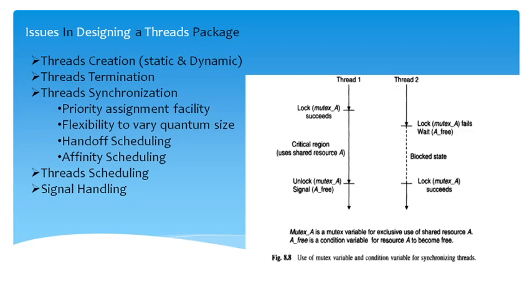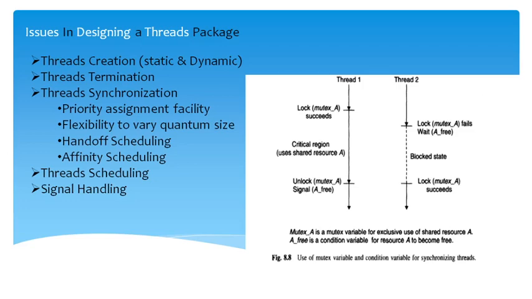When a thread performs a wait operation on a condition variable, the associated mutex variable, which we discussed earlier, is unlocked and the thread is blocked until the signal operation is performed. Okay, after the wait, it is in the blocked state until it gets the signal operation.